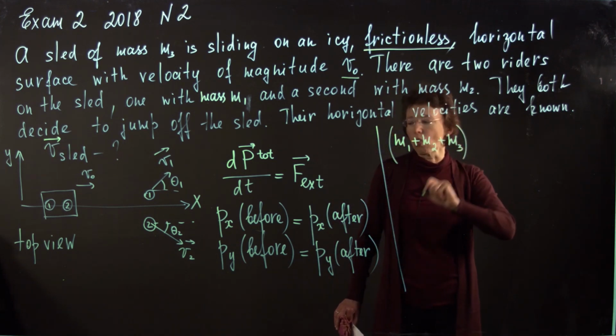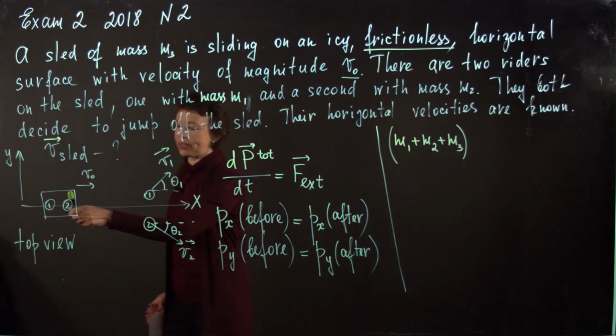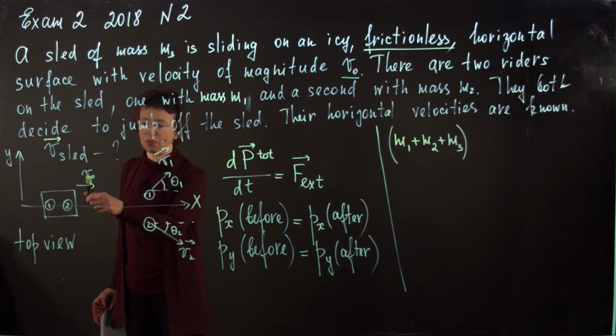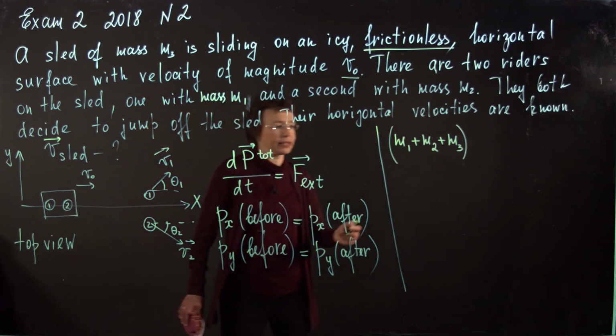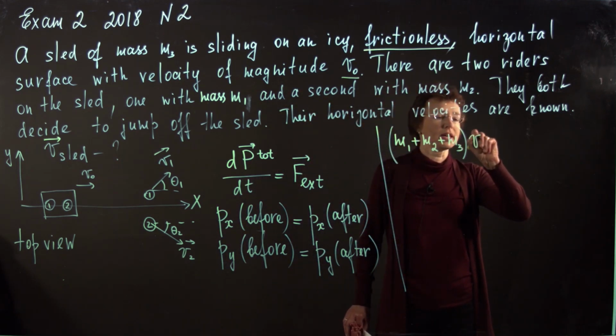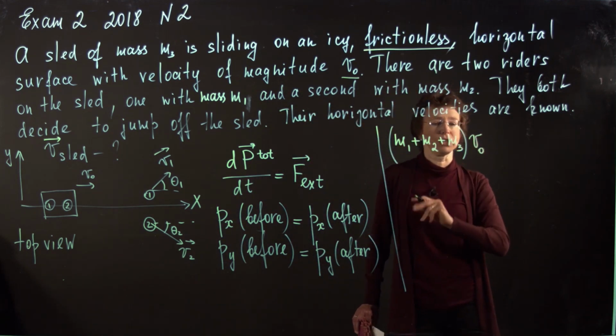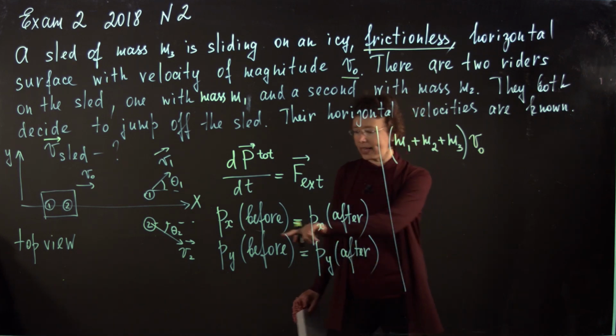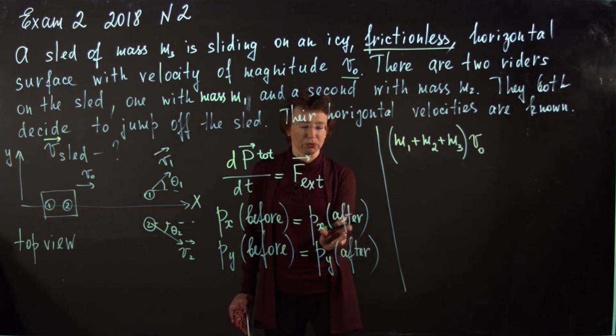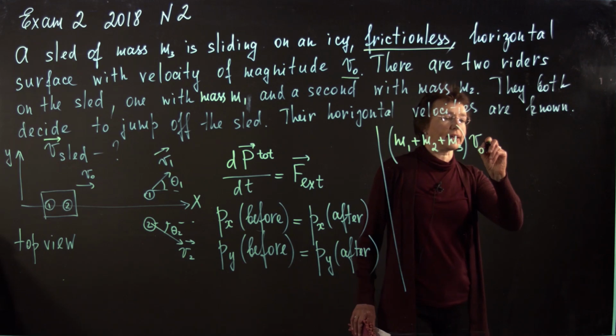They all move with the velocity that is along x. So projection of v naught on x is just v naught, and it is known. That's why I put v naught here. This is my left-hand side of this equation, px before. It is equal to px after.